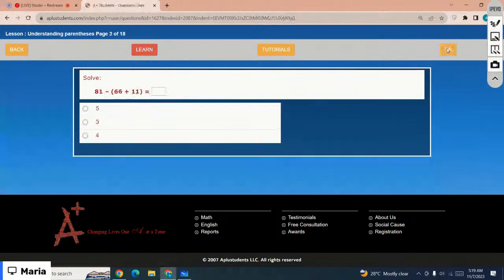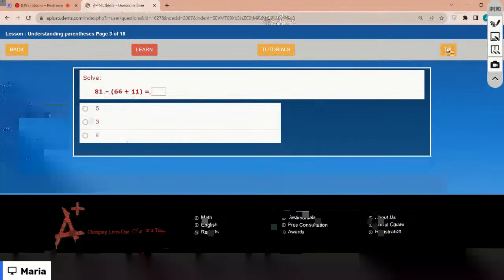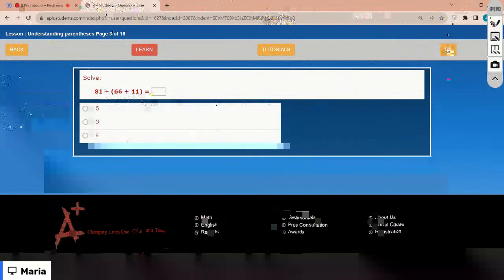Okay, the next one is 81 minus (66 plus 11). Which is the correct option? 66 plus 11 is 77. So you have to do 81 minus 77. So which is the correct option?